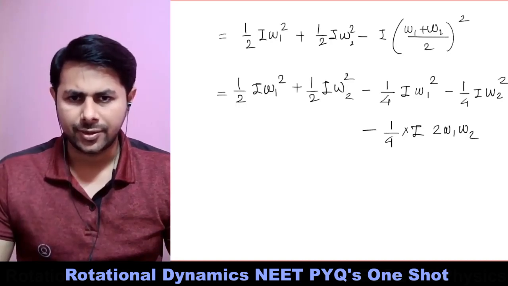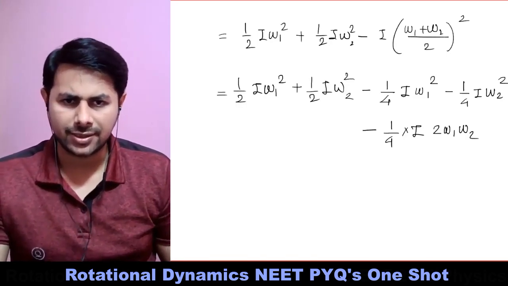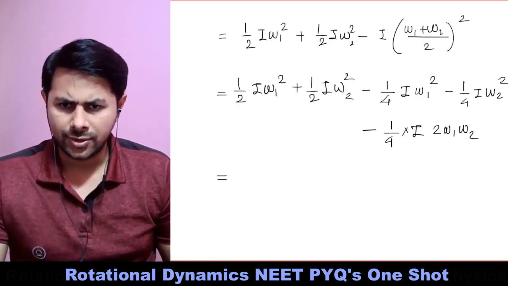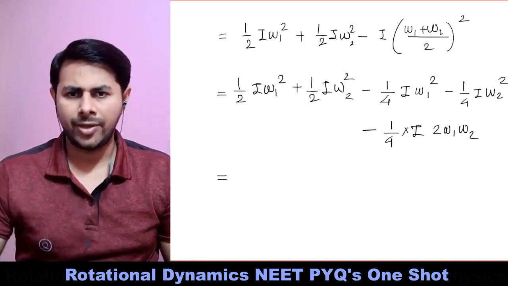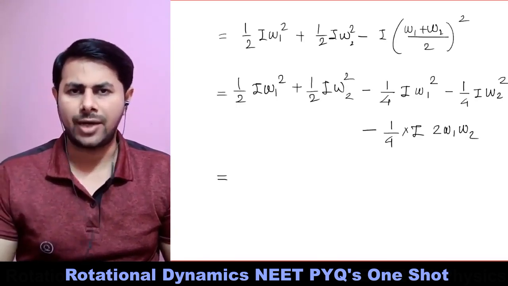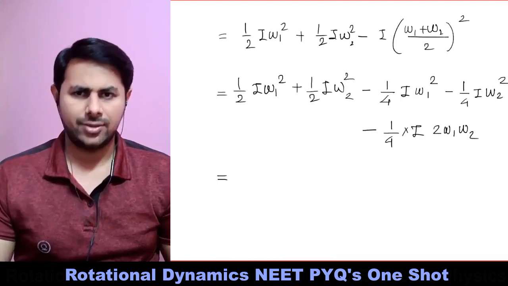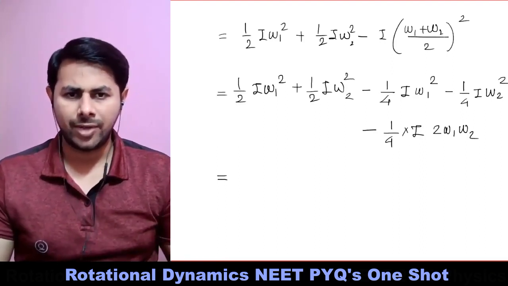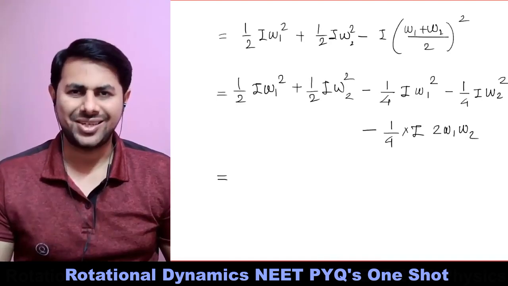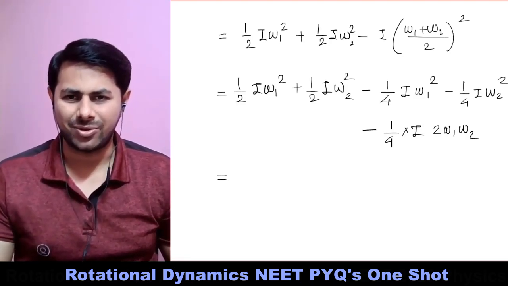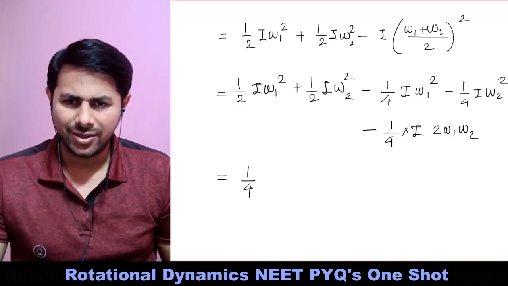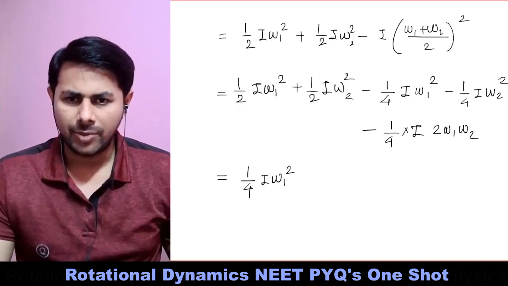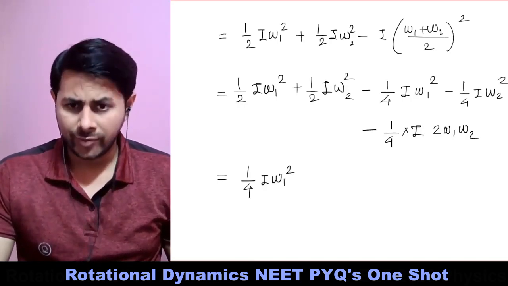So then you can subtract this out. So you will get half of I omega 1 square minus 1/4 of I omega 1 square. So 1/4 of I omega 1 square will remain, right? Half minus 1/4 is 1/4. So 1/4 of I omega 1 square.